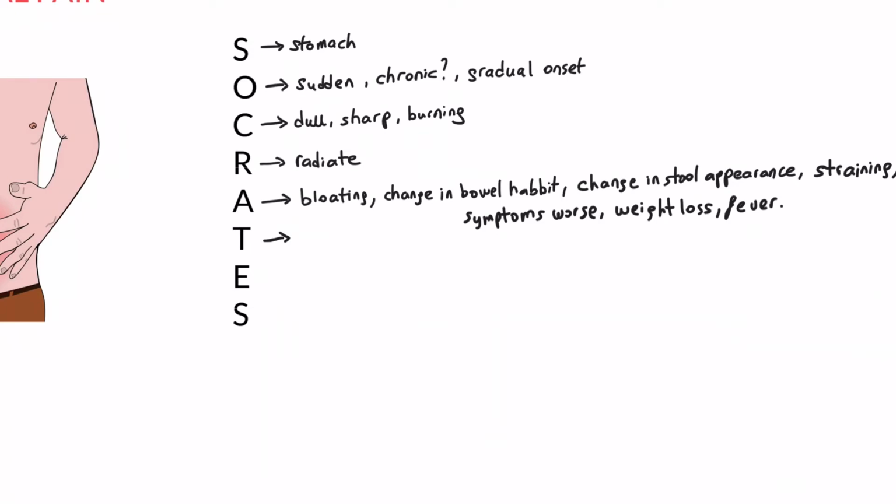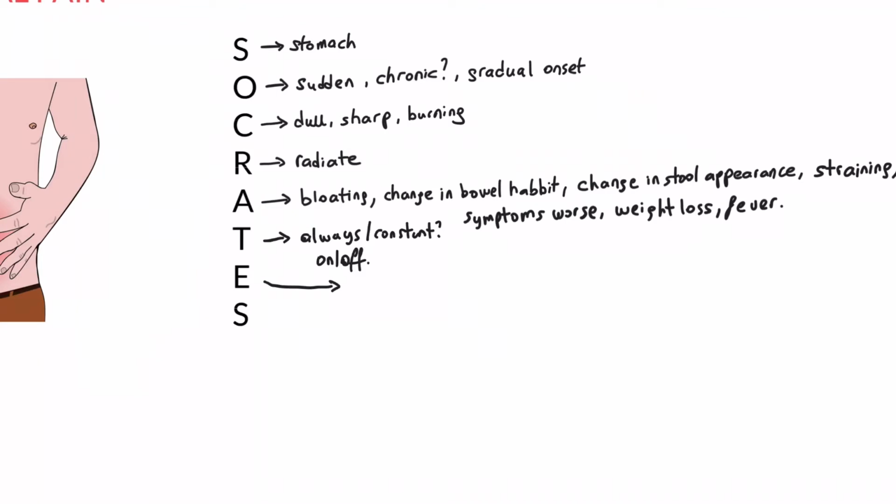So timing: is it there all the time? Just say always, or constant pain, or is it on and off? This gives you an idea of how frequent the episodes are. Now we are running a little bit short on space.